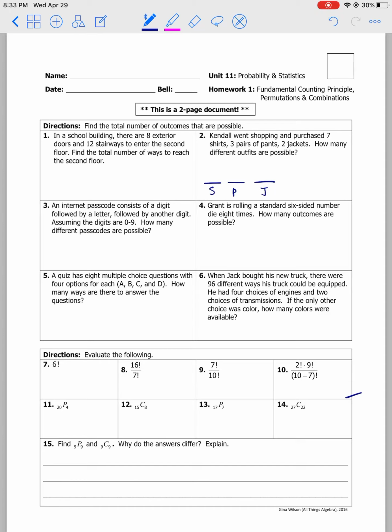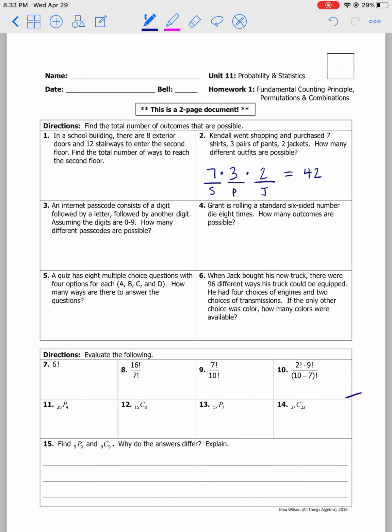Then you ask yourself how many options you have for each of those decisions. So I have 7 options for shirts, 3 for pants, 2 for jackets. All you have to do to figure out how many total outfit options you have is multiply those numbers, and you get 42. So that's an example in which you have 3 different decisions, and each decision has a different number of options.